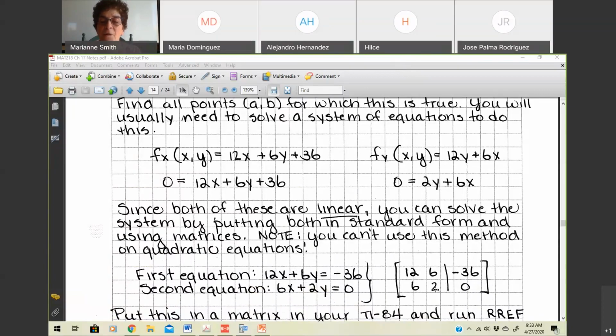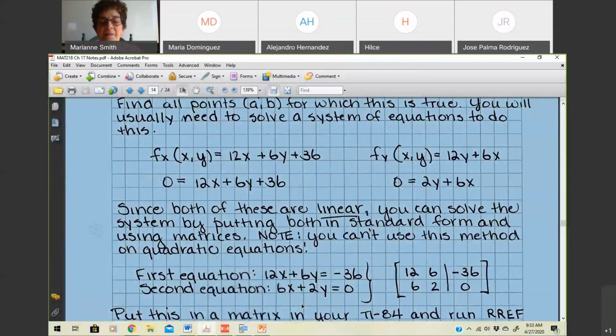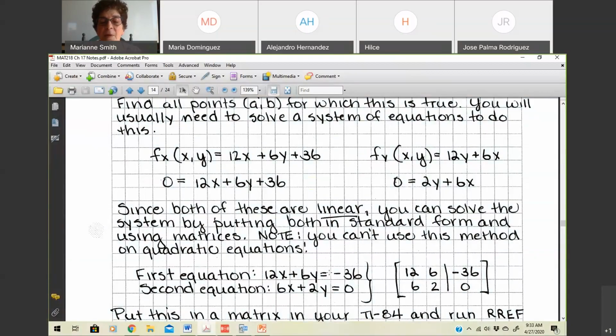So I'm going to head over to my TI-84, and if you have yours handy, head over there with me. And I'm going to put this set of equations in. You might want to write these down so you have them. Okay, the two equations. And then we'll put them into our matrix. Okay, everybody got it?